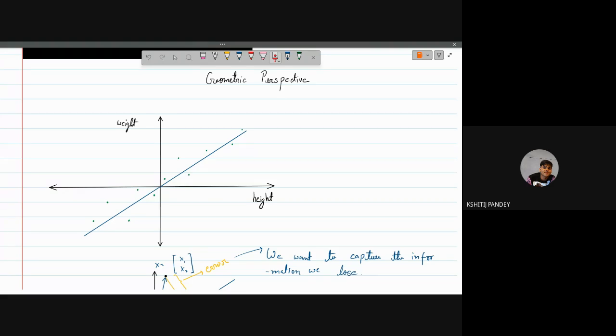But when we just talk about the projections on the x-axis, all the points will only contain information about height and nothing else. So that's why the x-axis is the best direction that captures most of the variance of height, because the sole purpose of the axis is to be the scale for height.